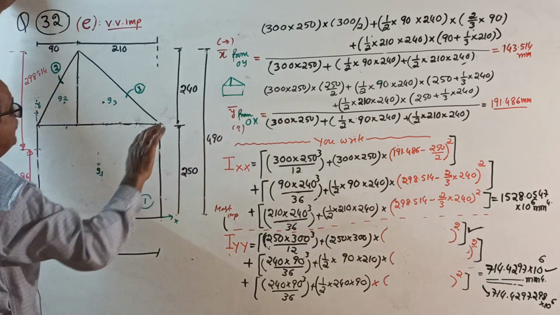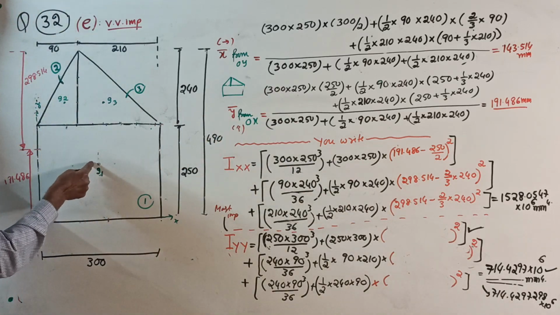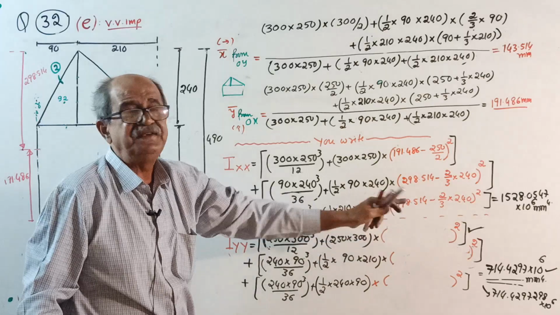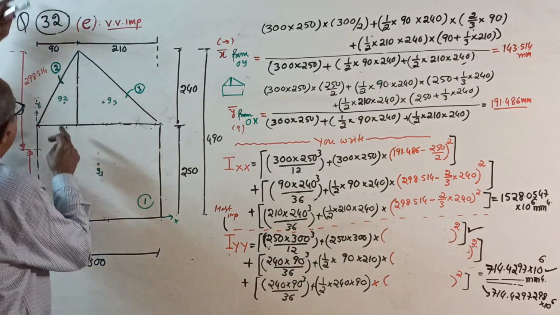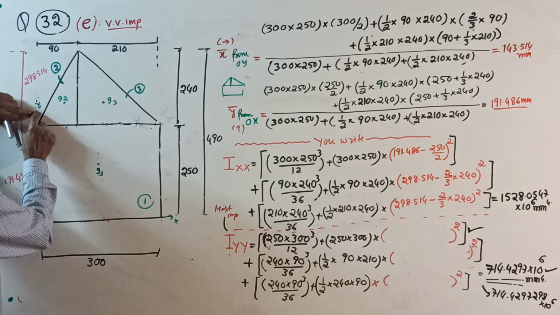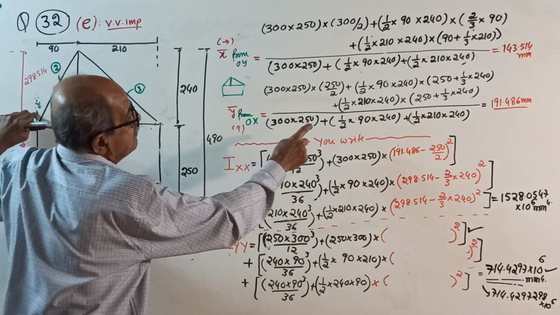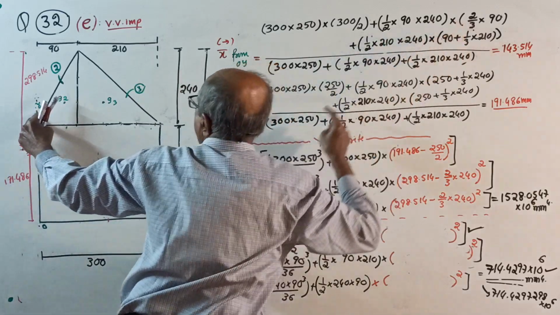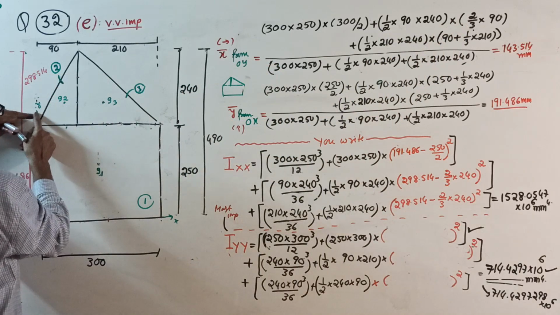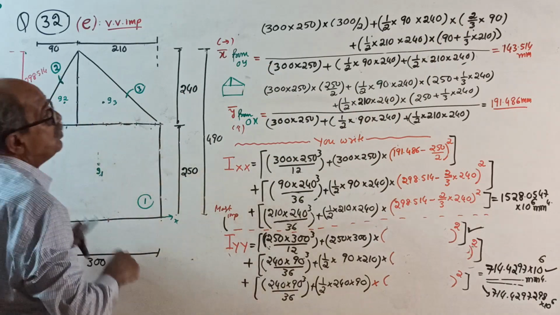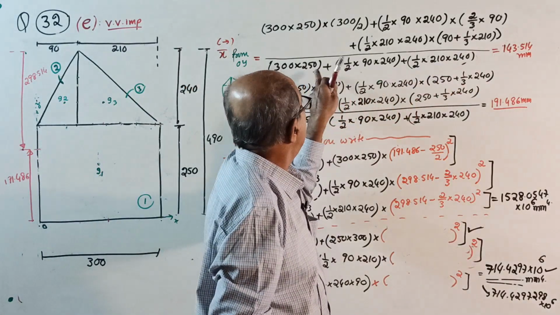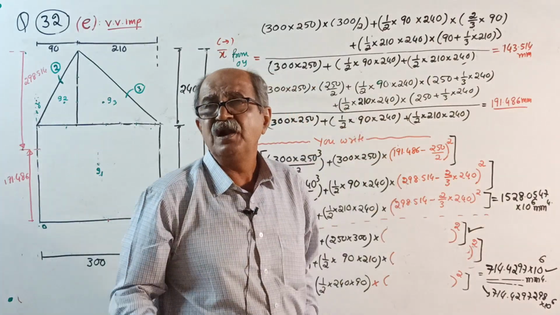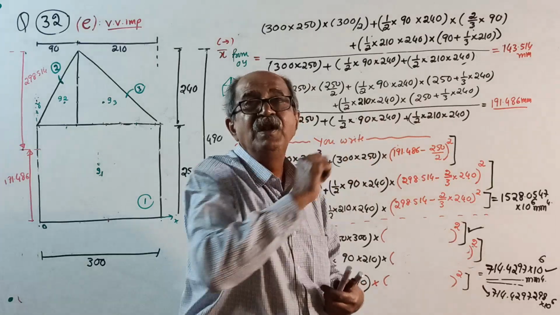So x bar: a1 into x1, 300 by 2. I changed everything, all numbers I changed now. 300 by 2. a2 into x2, 2/3 of 90. Where is it? 2/3 of 90. And a3 into 90 plus 1/3 of 210. Divide by a1 plus a2 plus a3, that is x bar. What x bar you got last time from that side will come from this side.